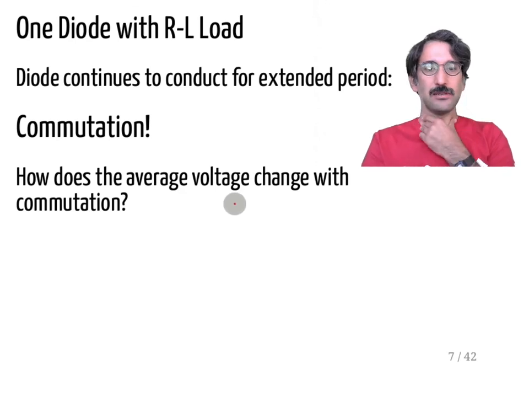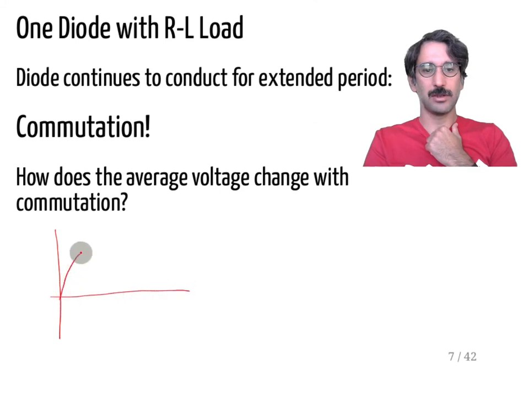And how does the average voltage change with the commutation? Before, with just the resistive load, remember I have that kind of waveform. Let's say this is square root 2 VSRMS.